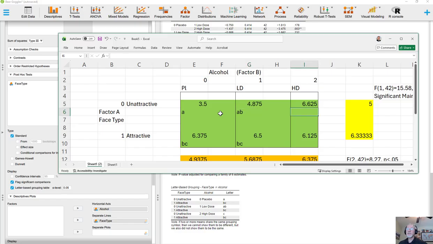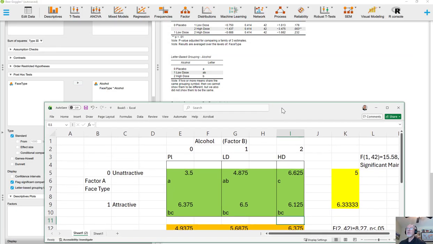And the unattractive high dose is a C, and the attractive high dose is ABC.